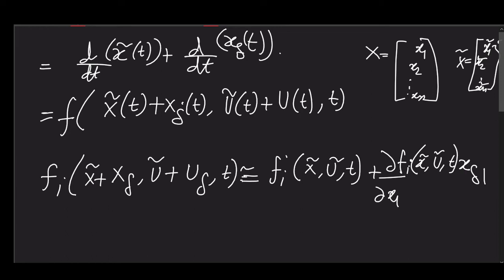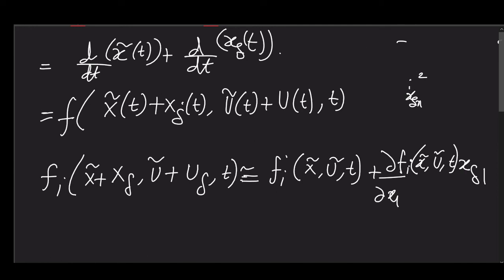So x delta will have x delta 1, x delta 2, similarly x delta n, right? And how to obtain x delta? That is obtained by taking the coordinate-wise difference between the nominal vector and your actual one.